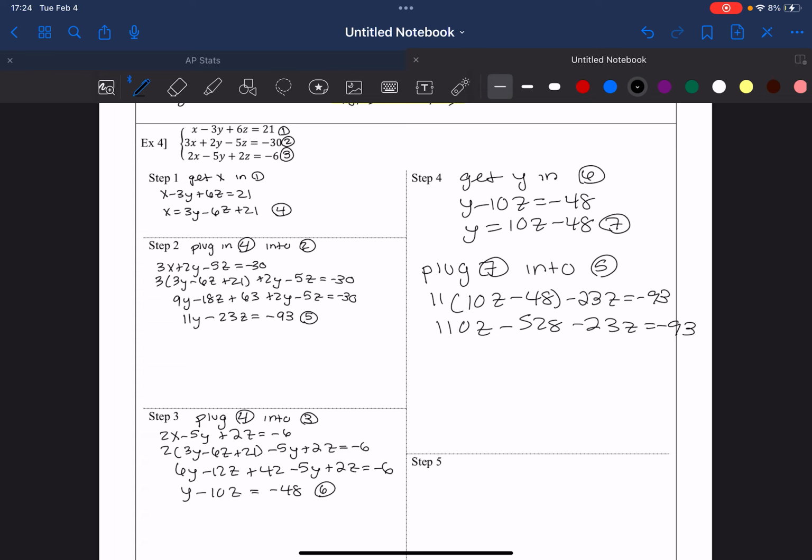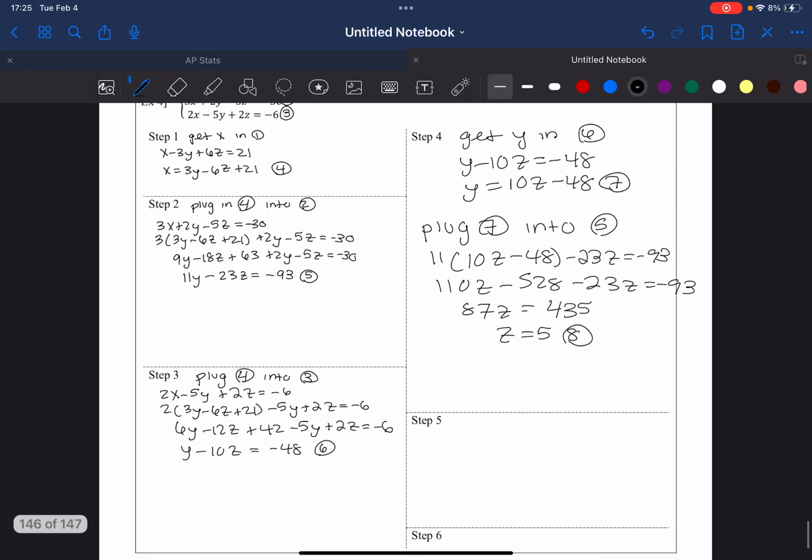So this is 87z is equal to 435. Divide both sides by 87. z is equal to 5. This is going to be equation 8.